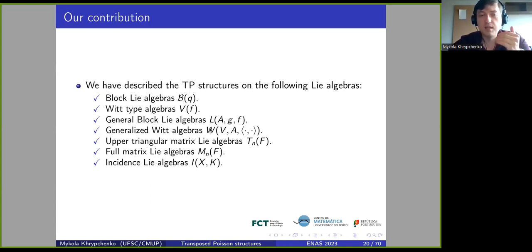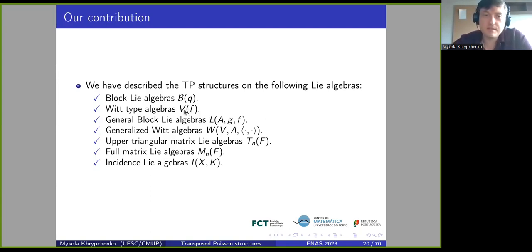In fact, in this general case, we used another method, another approach. I mean, the method was the same, but the calculations were different. Again, these generalized block Lie algebras are a generalization of weak type algebras. It's some subclass of weak type Lie algebras.